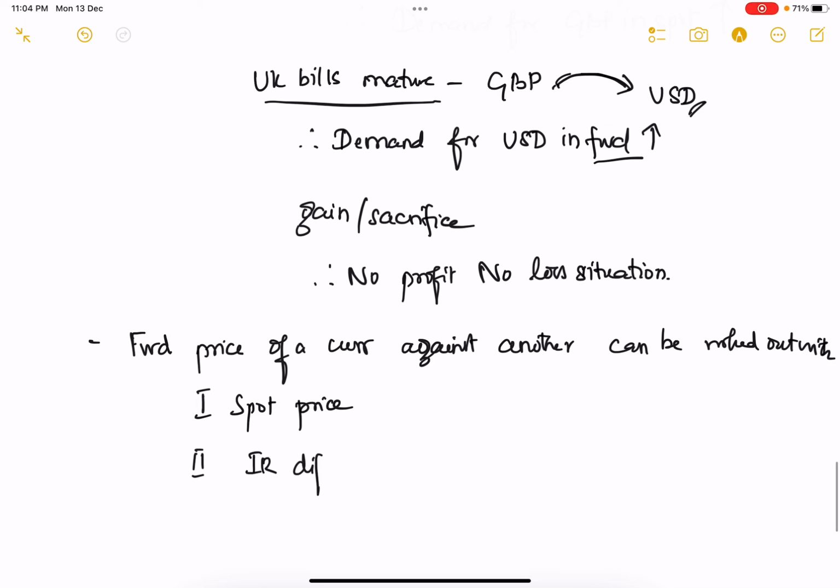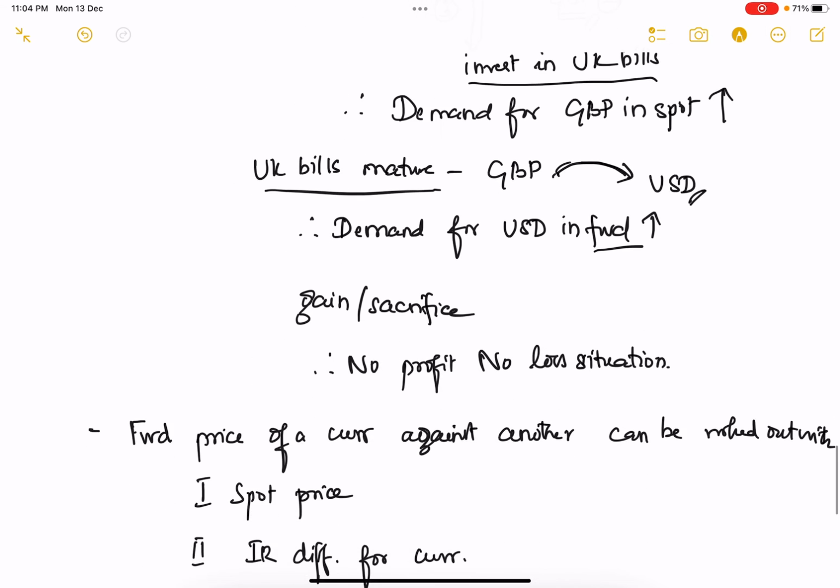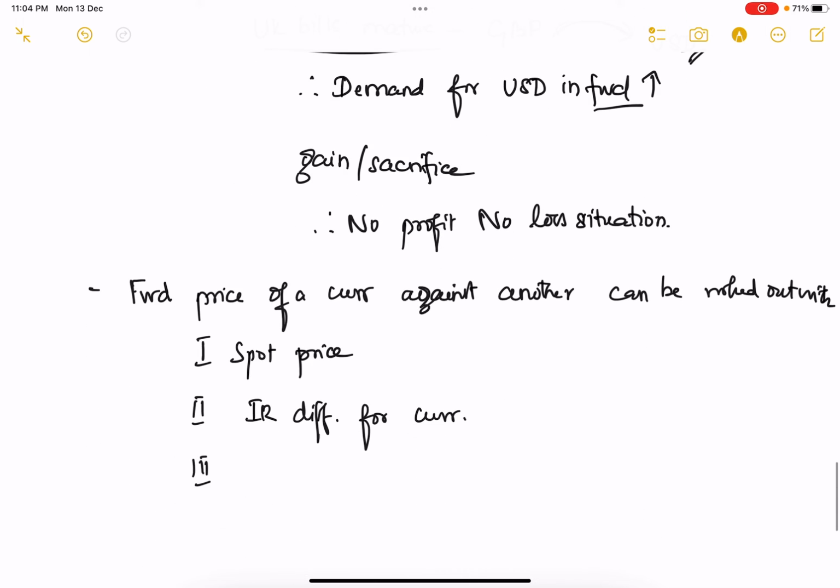Second one is interest rate differentials for currencies. Third one is the future period from which the future price is worked out.